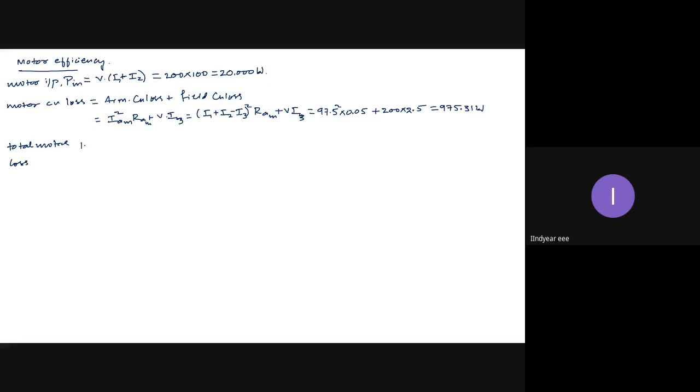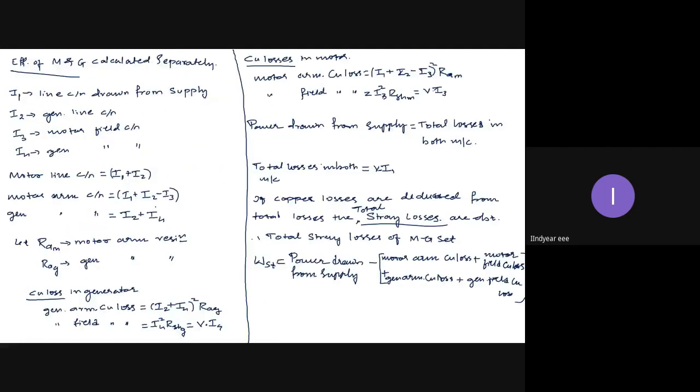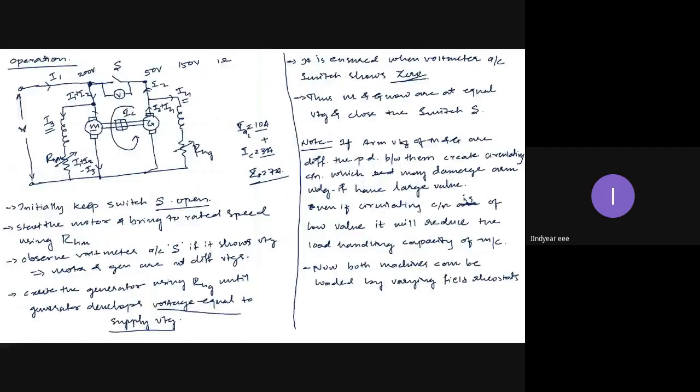Next, total motor losses. So WM is equal to motor copper loss plus stray loss. Is it right? Just go back to the calculations and see.